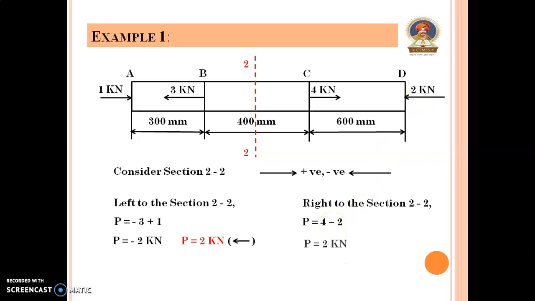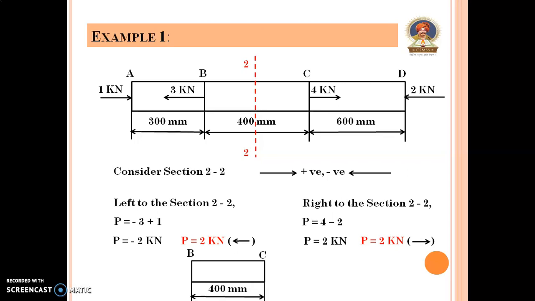So the answer is P is equal to 2 kilonewton move towards right side. So here again we have drawn the section BC. Left portion move towards left side, value is 2 kilonewton, and right portion move towards right side and P is equal to 2 kilonewton.